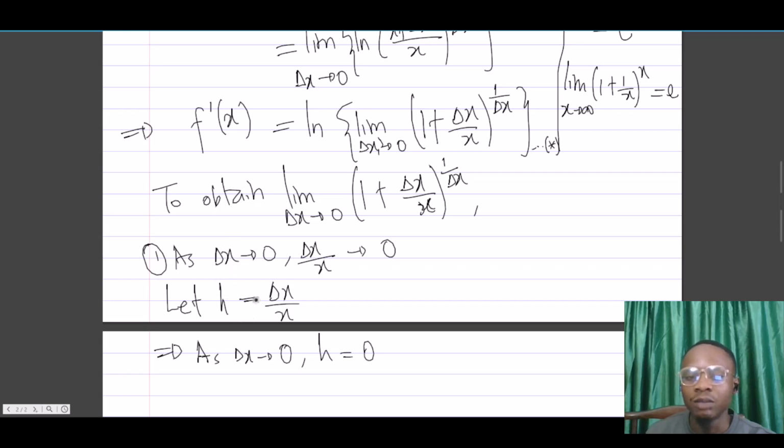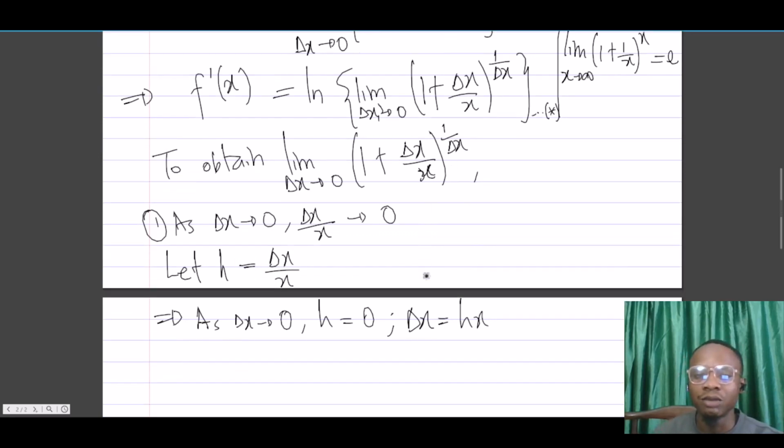Okay, so we can replace delta x wherever we have it here in this expression by h. So this implies also that from here, if we make delta x the subject, that means delta x is going to be equal to hx by the time we cross multiply this. Okay, delta x will be equal to hx. So we can use that right here.